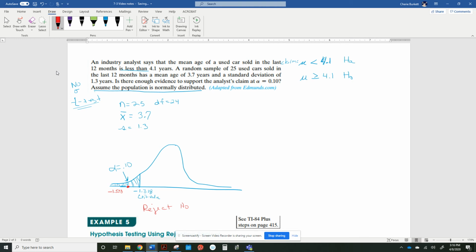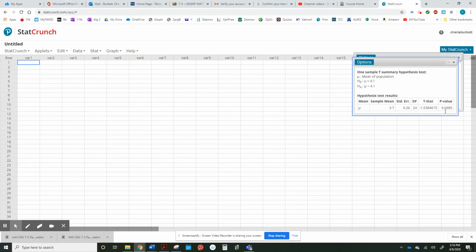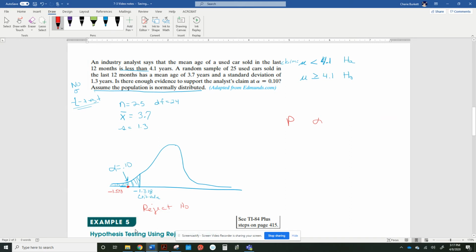Now let's go over here and compare P and alpha. P is 0.0685. And alpha this time is 0.10.